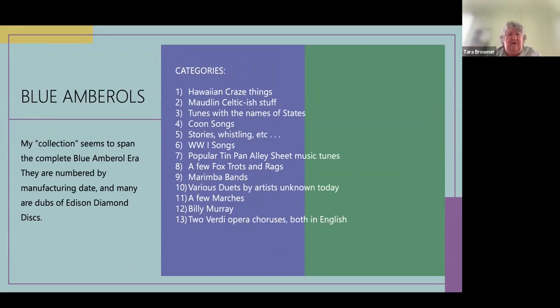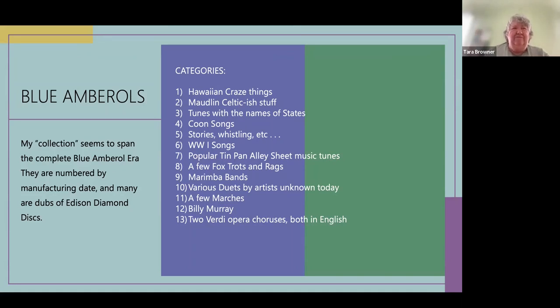Now, in terms of Amberols and Edison things, I have essentially a collection, and it's fascinating. I'm actually an ethnomusicologist. One of the things that's neat about this collection is it represents a person, and what that person listened to at a particular period of time. And I'd say that it spans the whole time of Blue Amberols, from what I can tell.